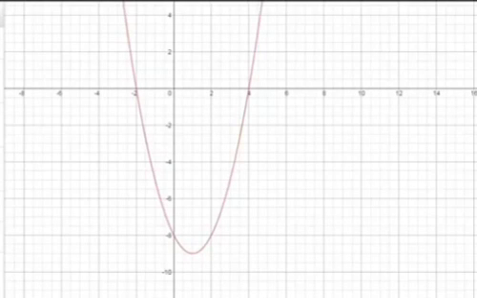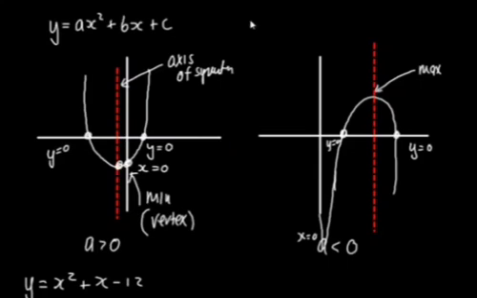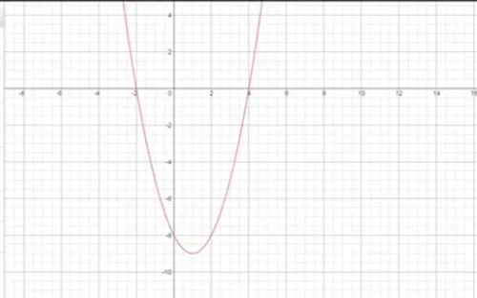So the one I've just drawn, y is equal to x squared minus 2x minus 8. We can see the points of intersection with the x-axis and the y-axis, and we can see that it opens upwards. It's a positive parabola with two real solutions.